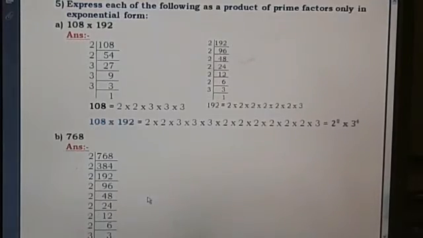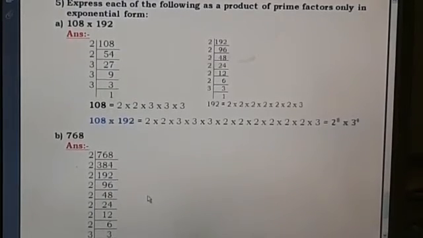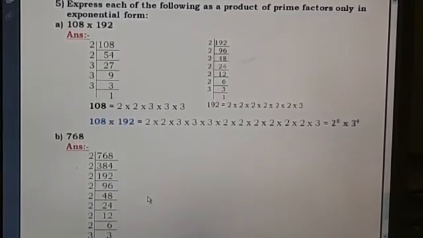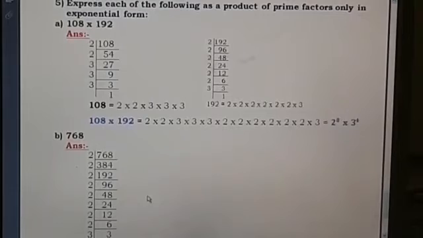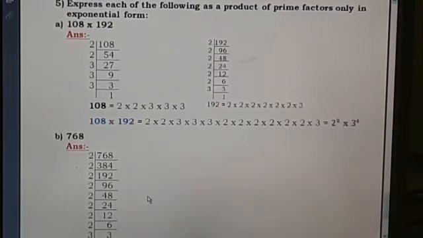Next, express each of the following as a product of prime factors only in exponential form. Here they have given a big number, a 3-digit number. We have to convert it into exponential form with the prime factors. First of all, we have to take 108. Do the L division. Already we have learnt. 108 is 2 into 2 into 3 into 3 into 3. That is called prime factors.